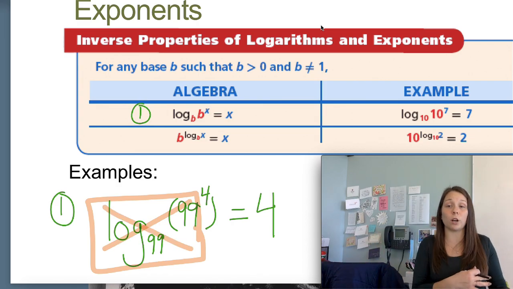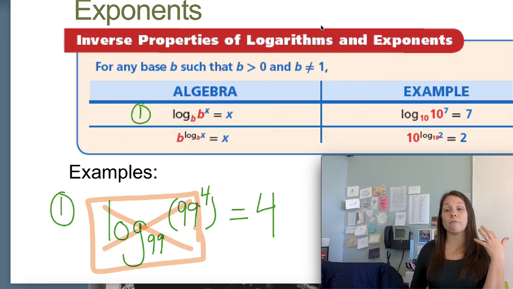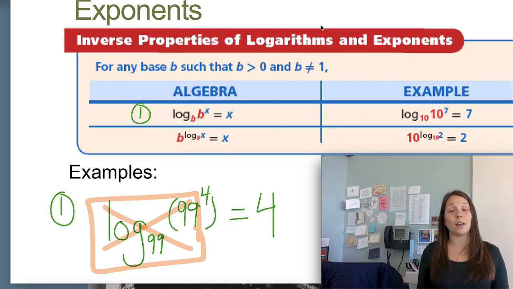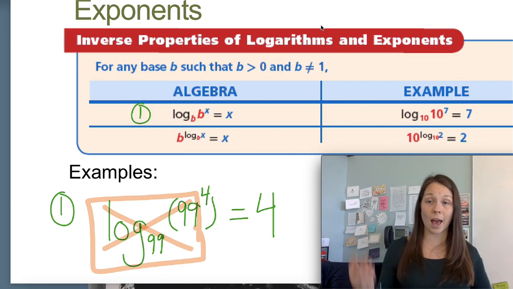They undo one another's operations. Very similar to how if I have 5 squared but I square root that, the power of 2 and the square root sign cancel each other out, right? This works in the exact same way. The logarithm and the exponential equation having the same base undoes one another's operations, leaving us with just the exponent.